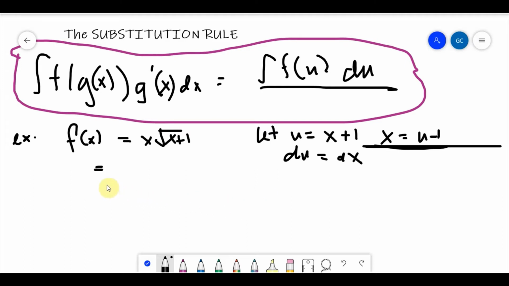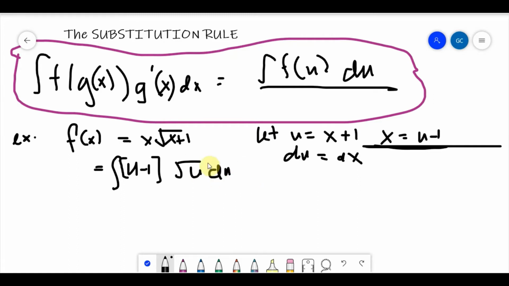So what we have is the integral of u minus 1, because x stands for u minus 1, times the square root of u du.